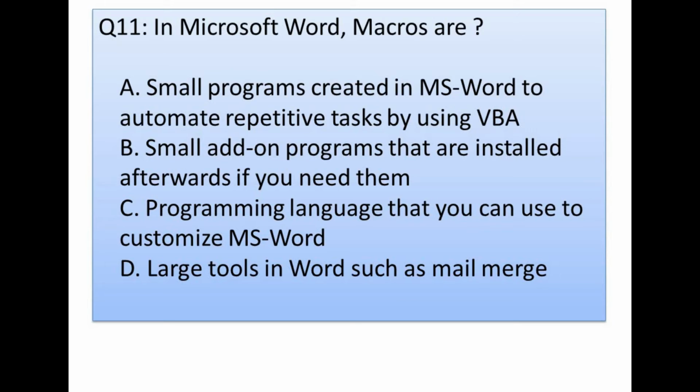In Microsoft Word, macros are small programs created in MS Word to automate repetitive tasks by using VBA. Small add-on programs that are installed afterwards if you need them. Programming language that you can use to customize MS Word. Large tools in Word such as mail merge.